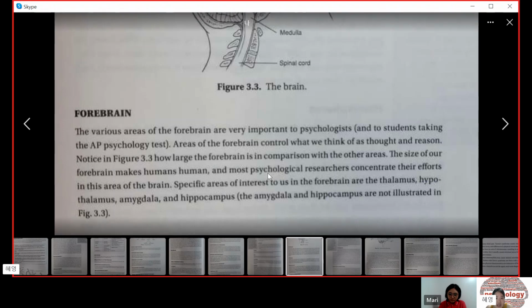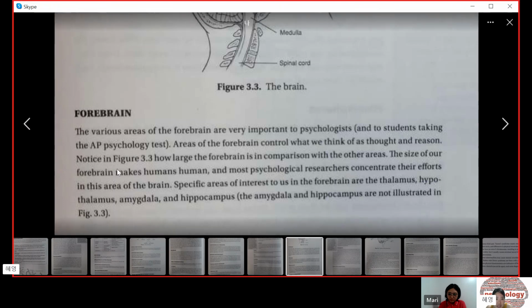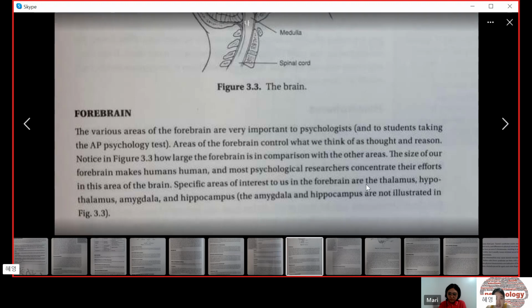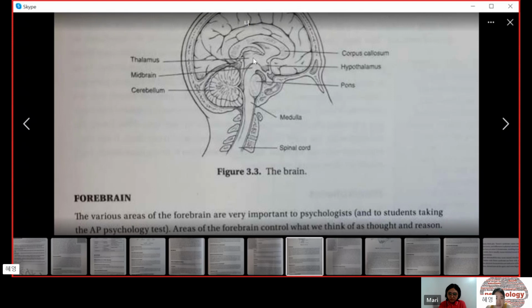Most psychological researchers concentrate their efforts in this area of the brain. Specific areas of interest to us in the forebrain are the thalamus. Thalamus is here, this one.